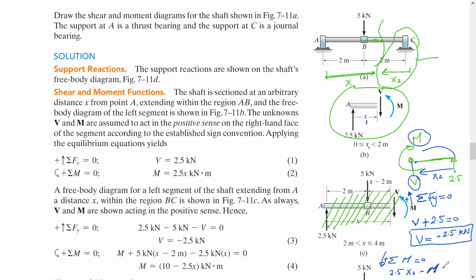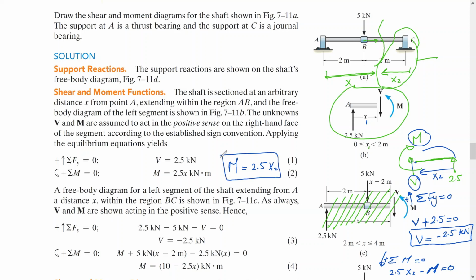This is M, equals 0. So here we get M is equal to 2.5 x2.